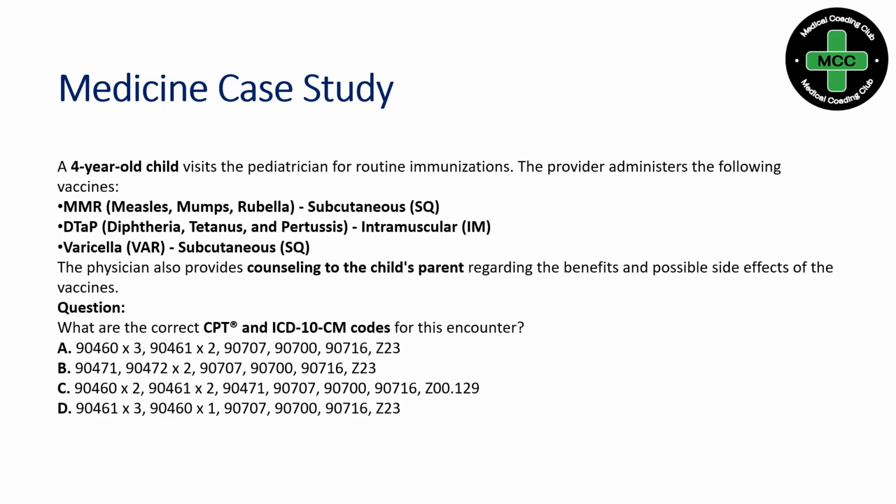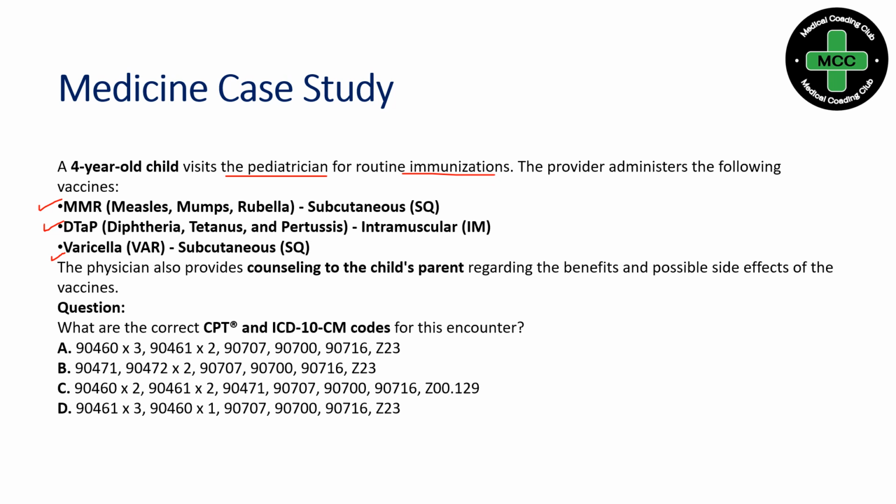So this question is about immunization. A 4-year-old child visits a pediatrician for a routine immunization. The provider administered the following vaccines: MMR, DTaP, and varicella. So a total of 3 vaccines they have performed.